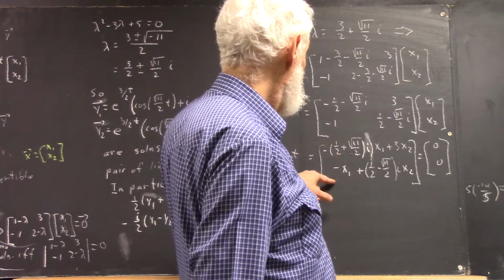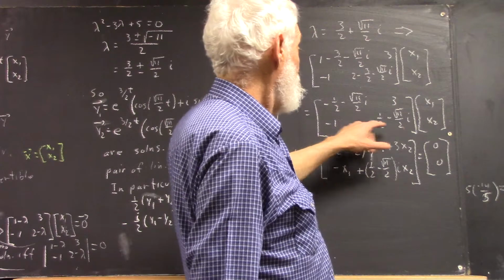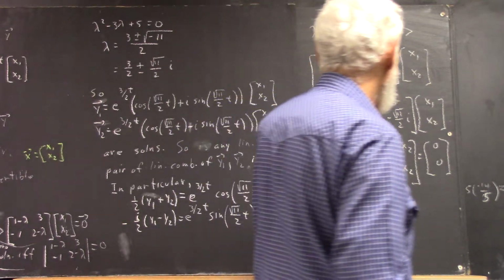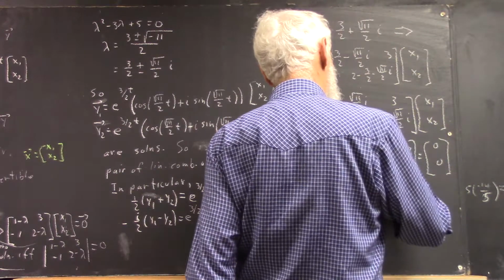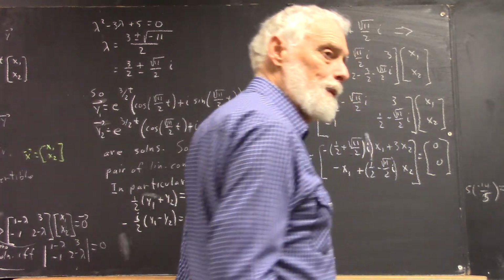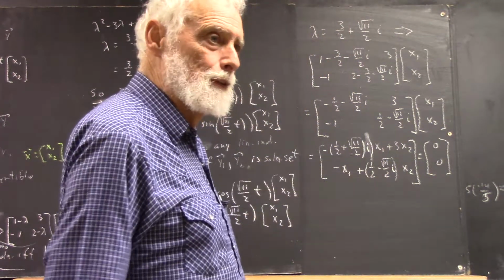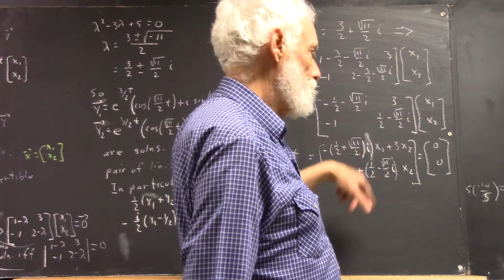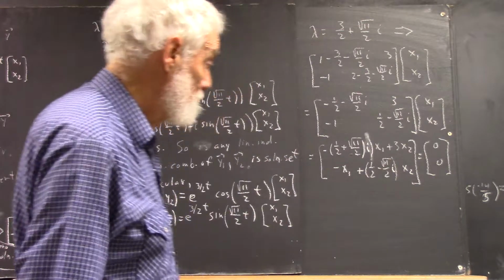And I have a negative x1 here, and this quantity, the 1/2 minus the square root of 11 over 2 i, inside the parentheses. I made a mistake there, writing a couple of i's carelessly, and didn't close that parenthesis. You've got to be careful.